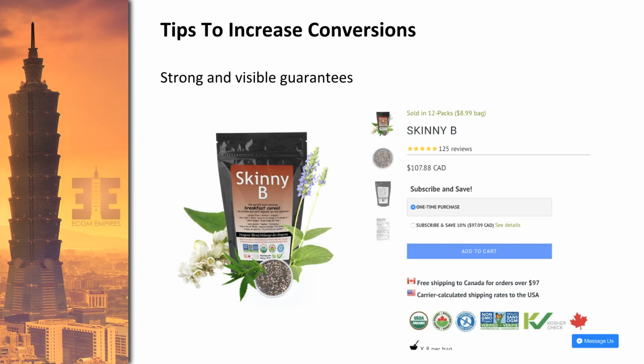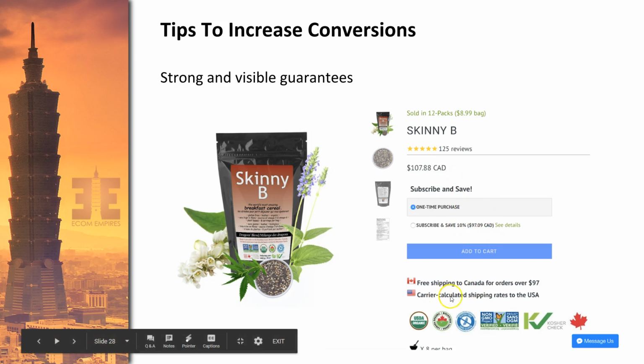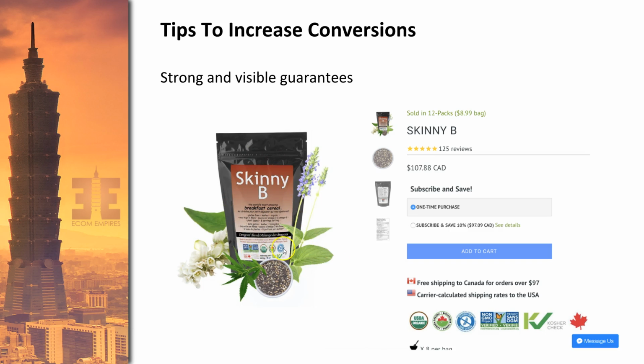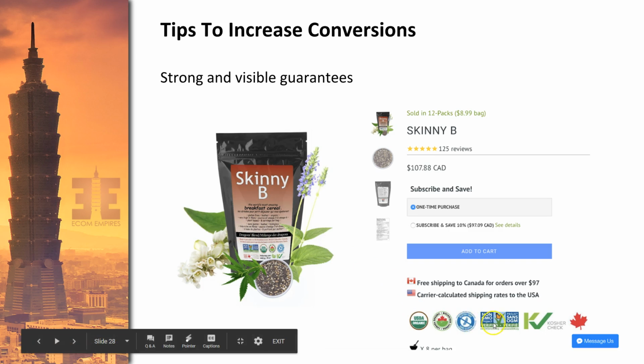Strong and visible guarantees. Okay, so this is great because you can see free shipping to Canada, carrier calculated like so. These things here as well that are giving you guarantees on the product. Right now, not only is the product image great because you can actually even see the guarantees right on the packaging, but then they have them here as well underneath the add to cart button, where it tells you USDA, non-GMO, kosher check.